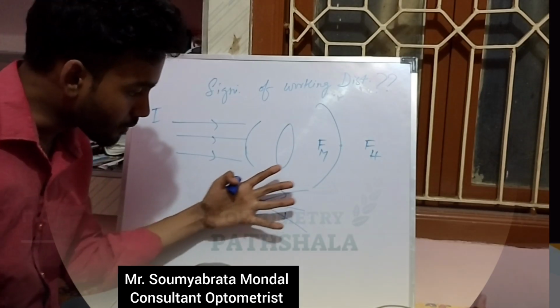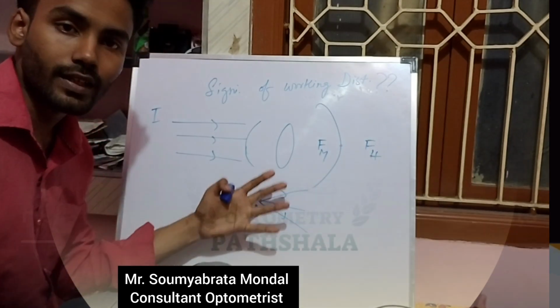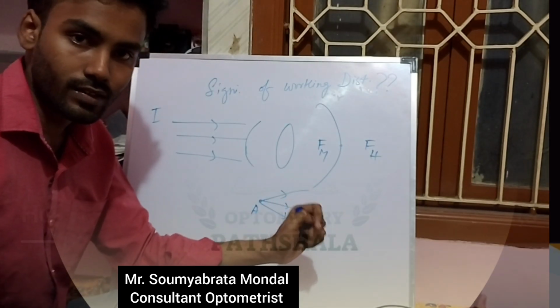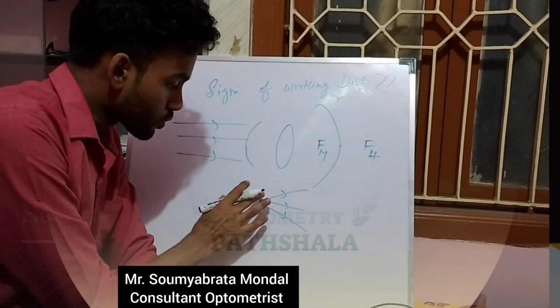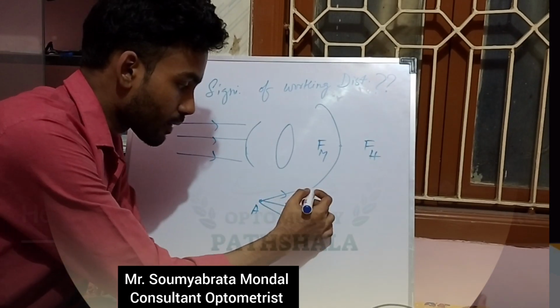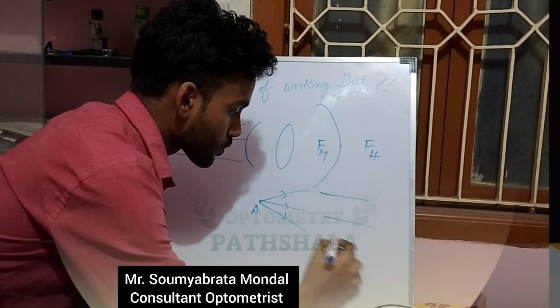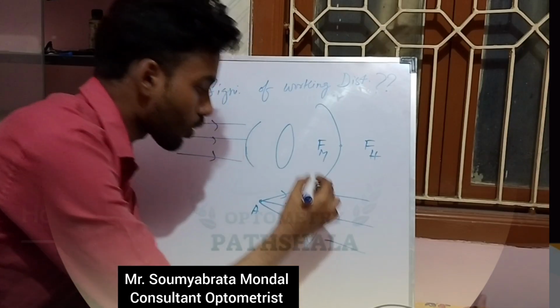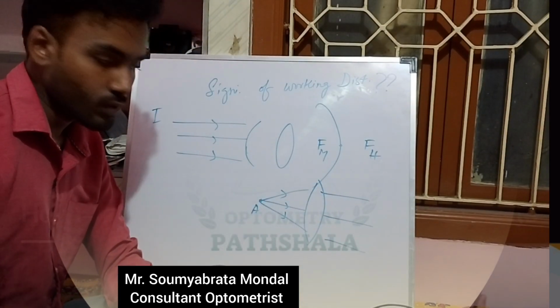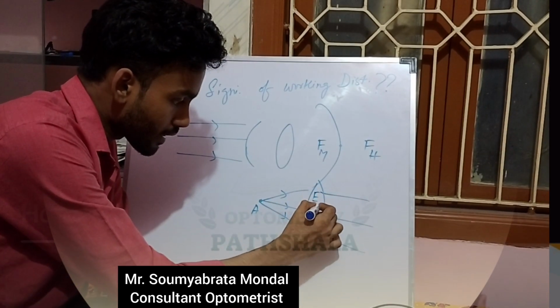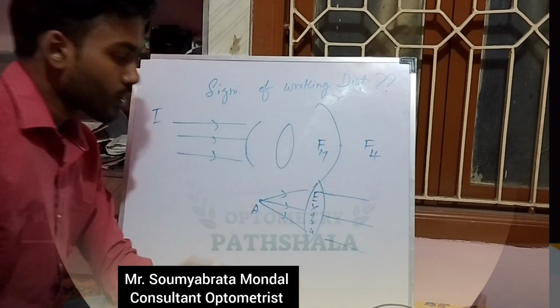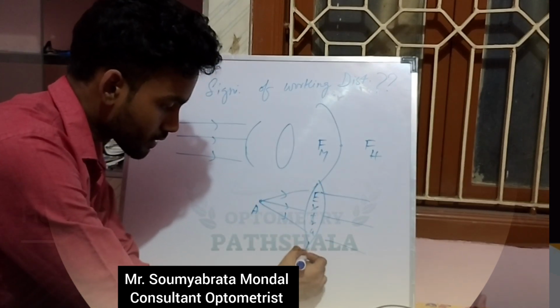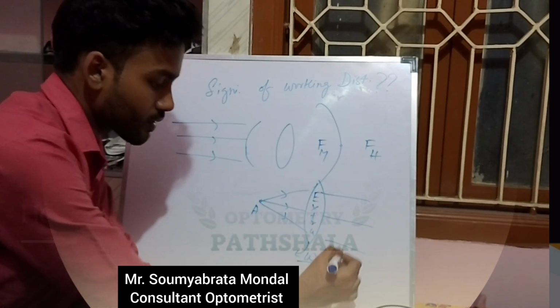They are diverging from one point, they are spreading, right? So to make these diverging rays parallel rays, we need to put one extra convex lens over here. This extra convex lens is called the working distance lens.